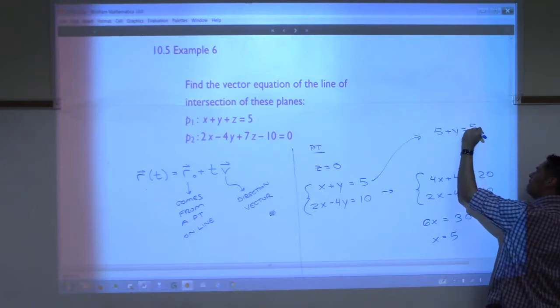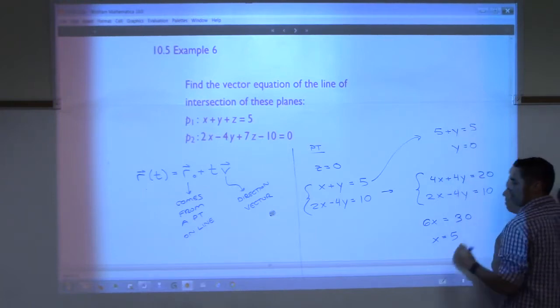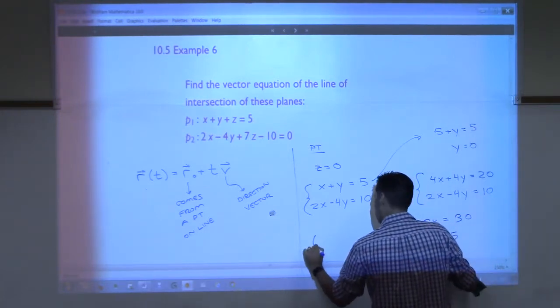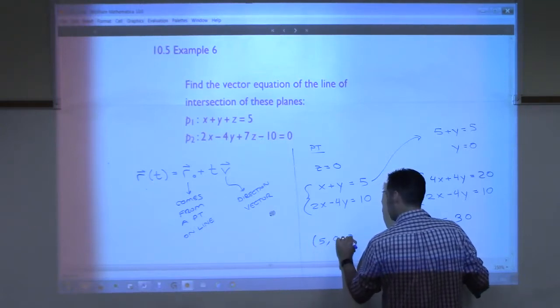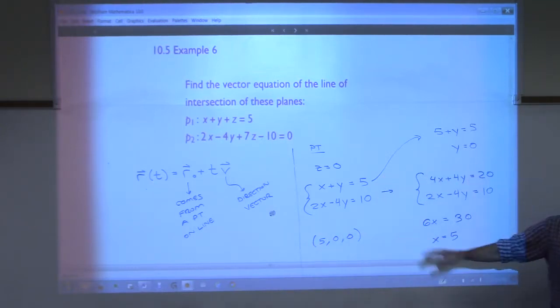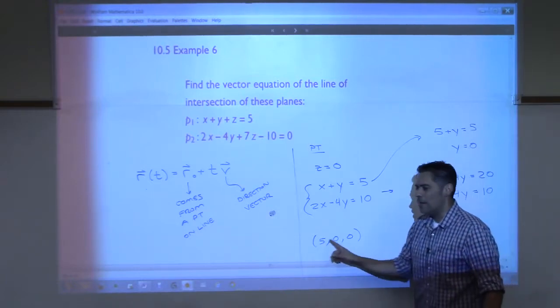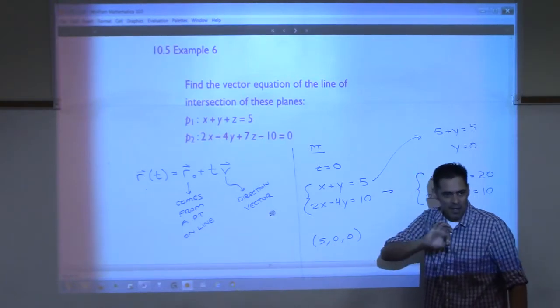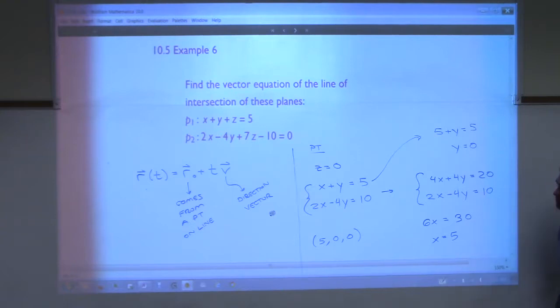So y is 0. So I have a point, don't I? It's the point 5, 0, 0. That point lives on both planes. The x is 5, y turned out to be 0, z started as 0, didn't it? You won't always get a point that lies on an axis like this. I just got kind of lucky, I guess.